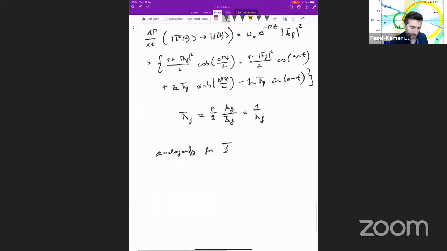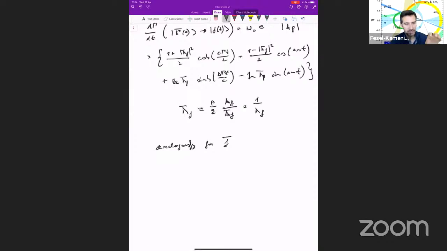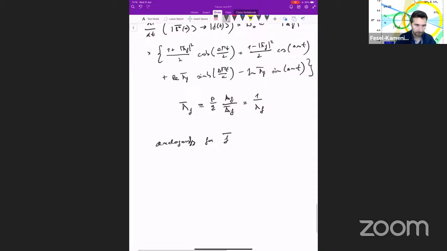And finally, we also see that CP violation in this interference is possible only if the imaginary part of λ_f or λ̄_f is different from 0. Okay.